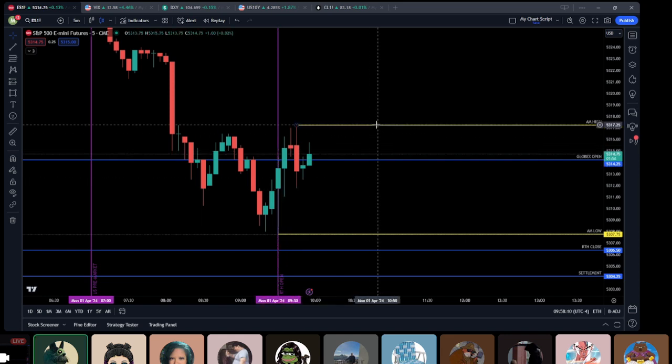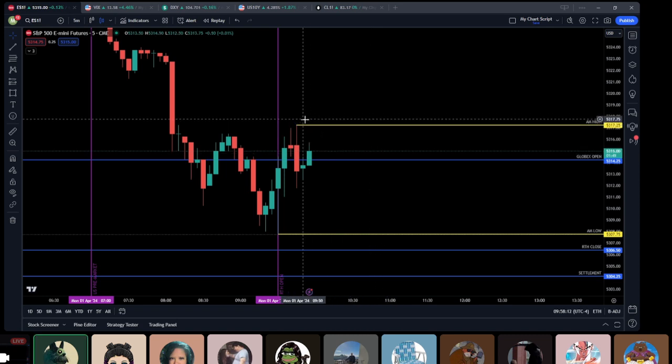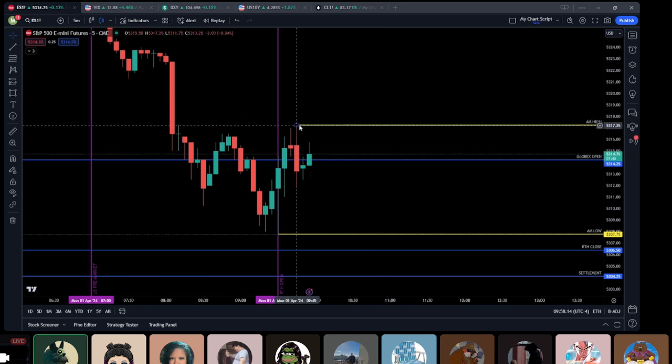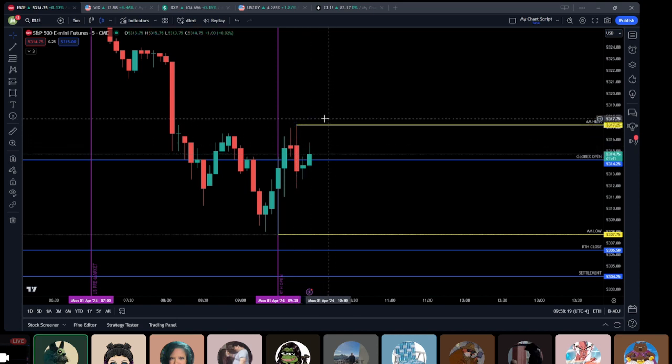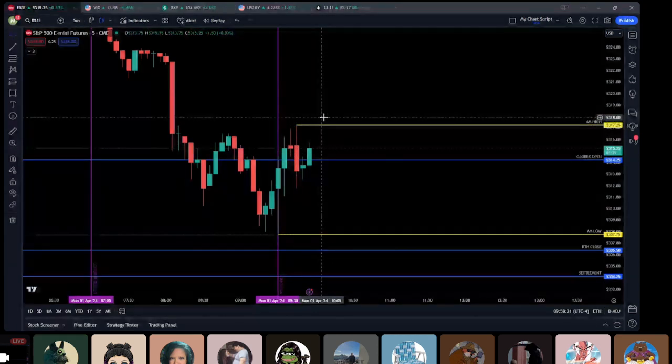With my stop loss being a new higher high than the AM session high, which is right here. So I would be playing downside with my stop loss somewhere up here.